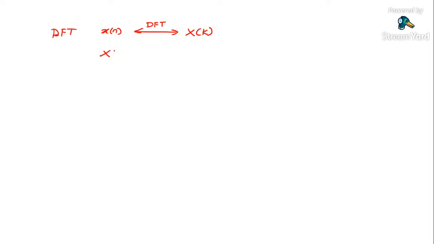One is by using the formula: X of k is equal to summation n from 0 to n minus 1 x of n W_N to the power nk. So this is the formula for calculation of DFT. This is the first method by which you can calculate the DFT.